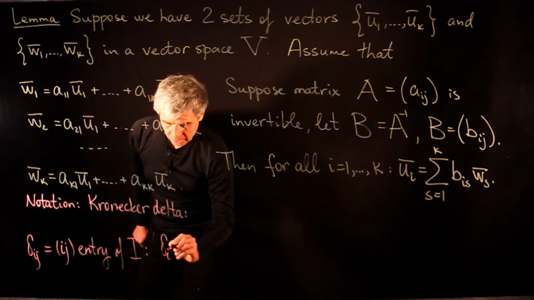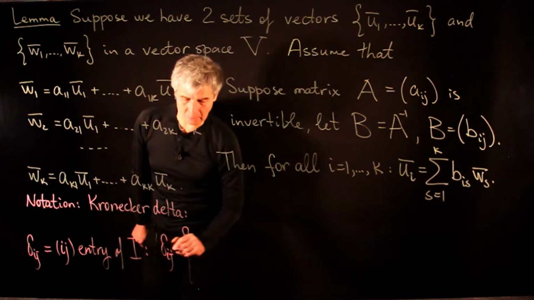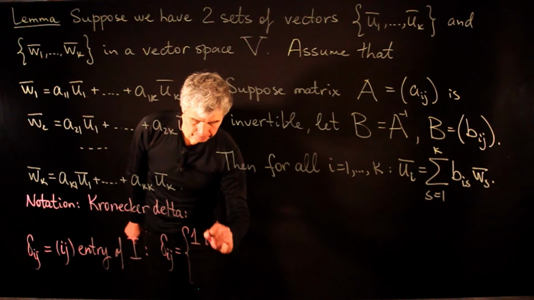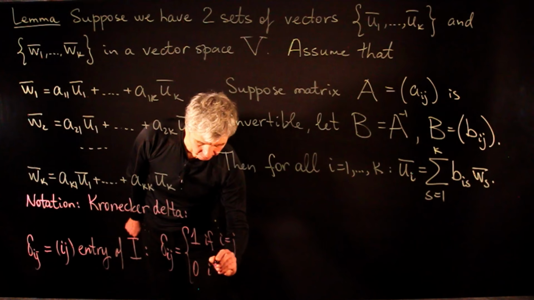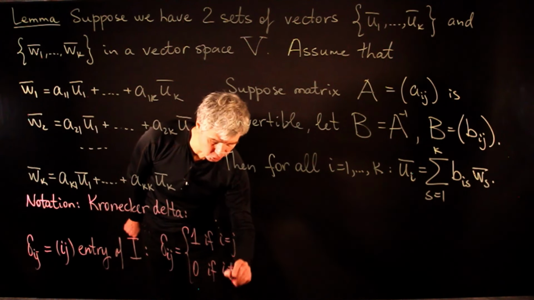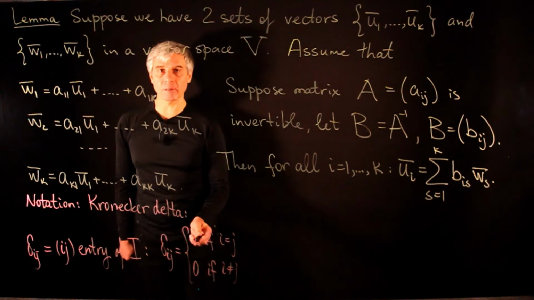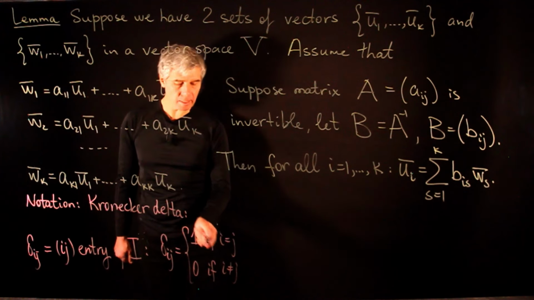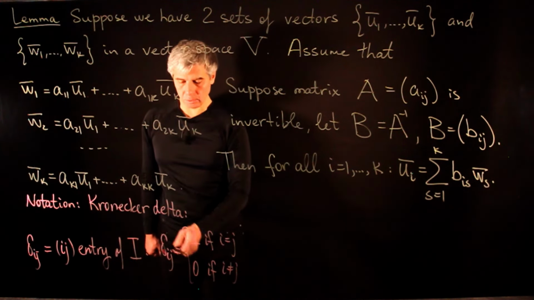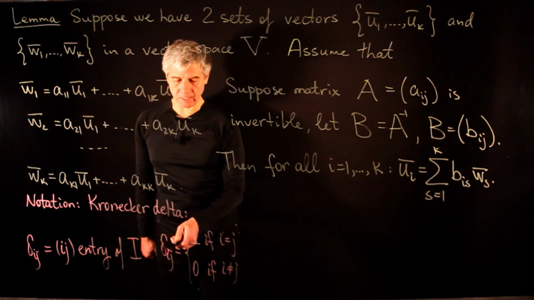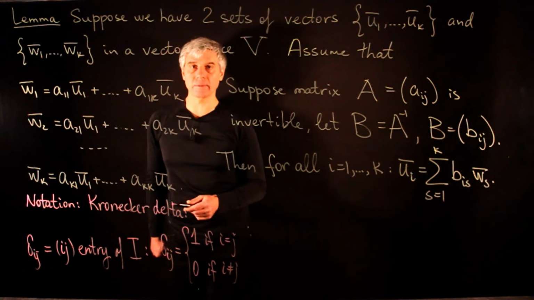So delta ij is equal to 1 if i is equal to j, and it's equal to 0 if i is different from j. Diagonal entries of the identity matrix are equal to 1, and off-diagonal entries are equal to 0. So this function on two indices, delta ij, is called the Kronecker delta.